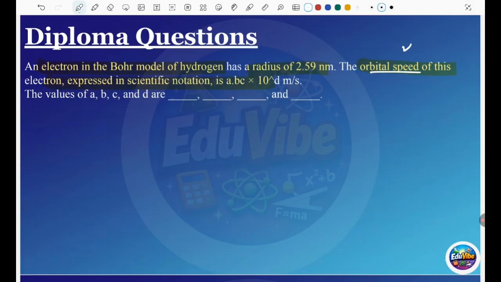To find this, we have to know the nth level, with the electron involving the radius. Again, this is the type of question where the Bohr model uses hydrogen and the electron, and they involve two things. Firstly, the electrostatic force, which acts as the circular force, related to R, since we need the orbital speed.